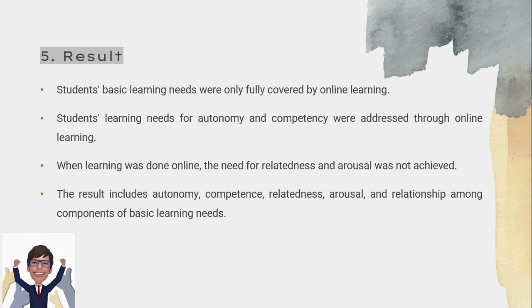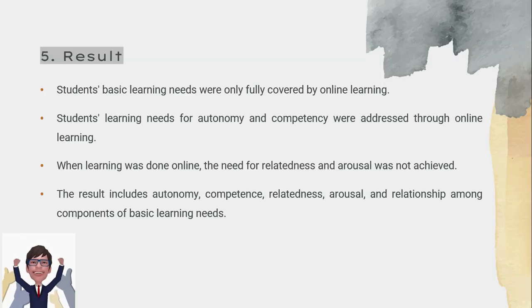And then basic learning needs such as relatedness and arousal were discovered not to be addressed by online learning. So the results include autonomy, competence, relatedness, arousal, and relationship among components of basic learning needs.